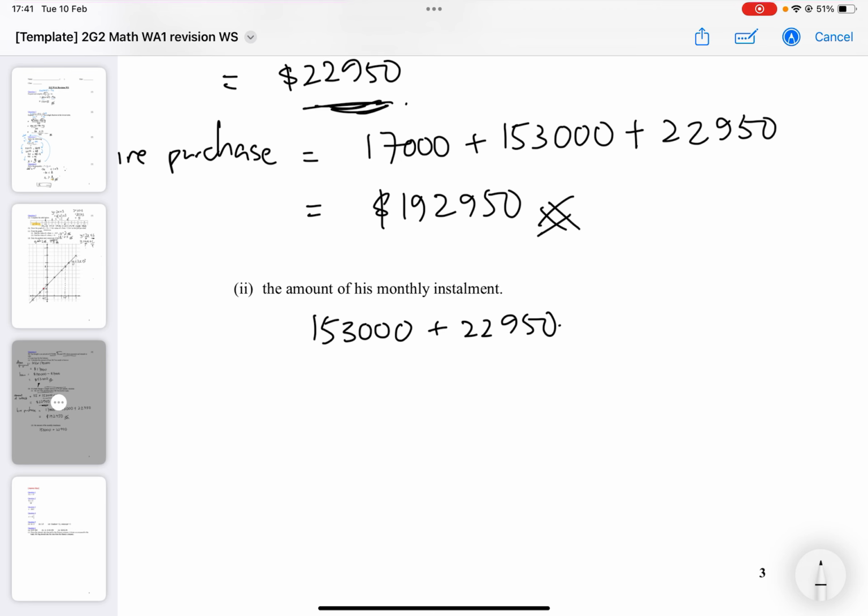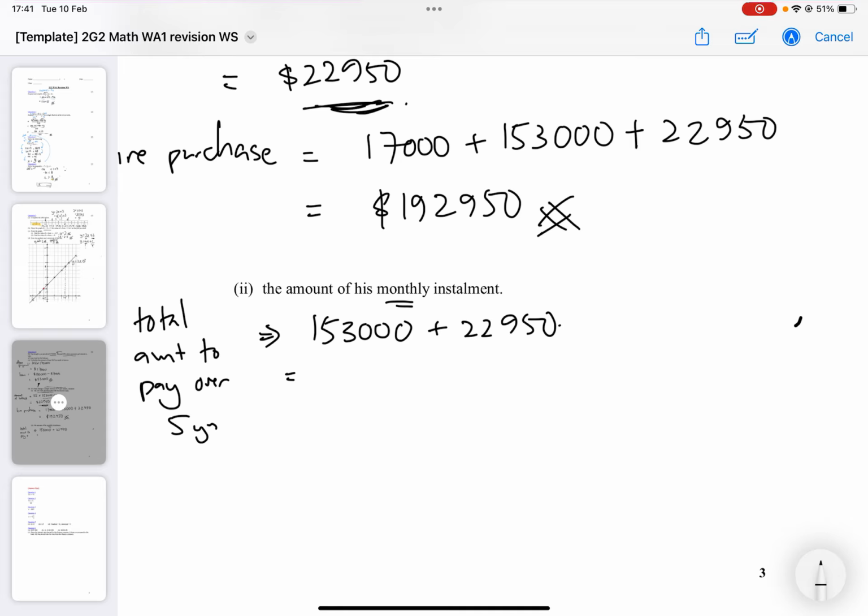The 153,000 that I borrow, plus the interest altogether, is the amount I need to pay back. Then I pay back in 5 years, and they are asking for the monthly installment.